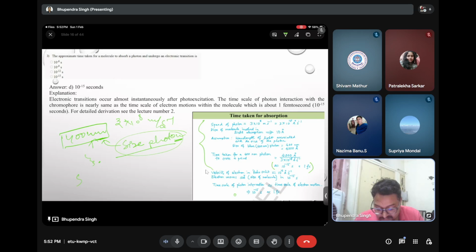So speed equals distance divided by time, and the distance here is already given, 400 nanometer, divided by time, which you have to calculate, the speed is already given. So if you calculate, you will find the time in femtoseconds, 10 to the power minus 15 seconds. I think it's clear, right? Yes, okay, fine.